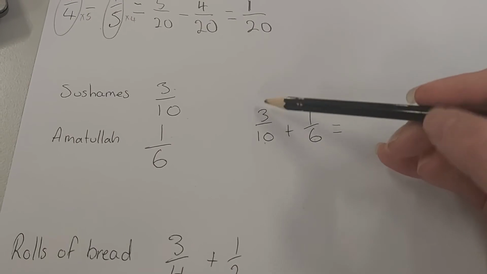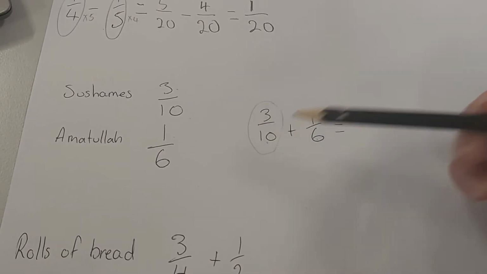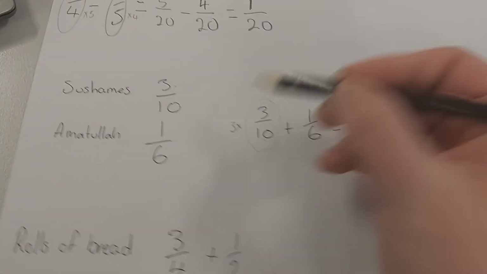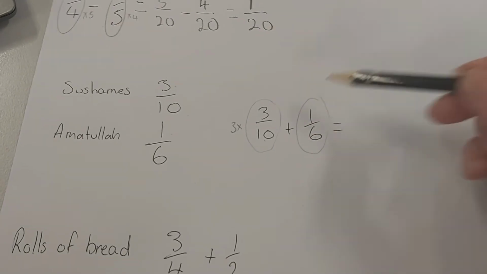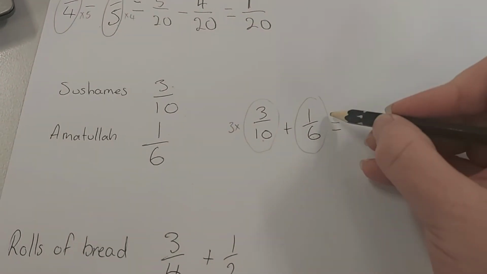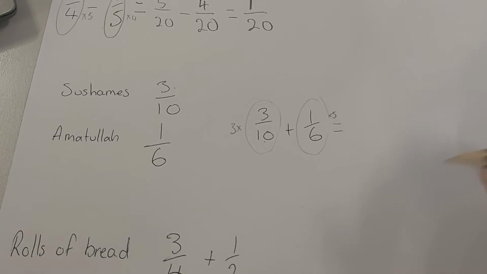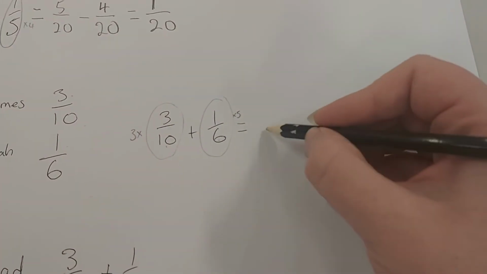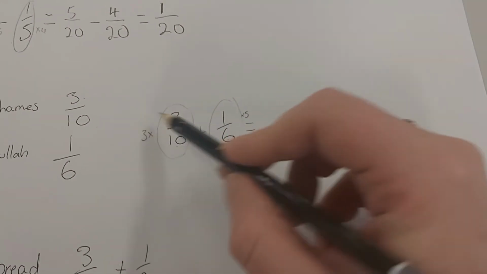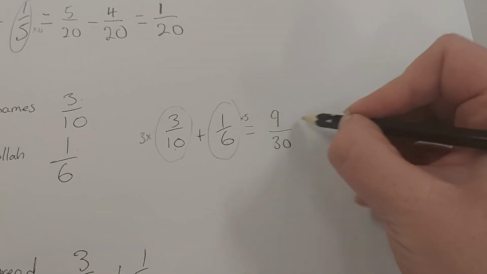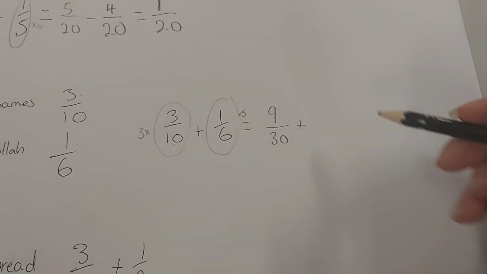So what we needed to times this group by to get the 30 was 3. And what we needed to times this group by to get the 30 was 5. Okay, so let's do that. 3 times 10 obviously gives me 30, and 3 times 3 is 9. Bring in my plus.